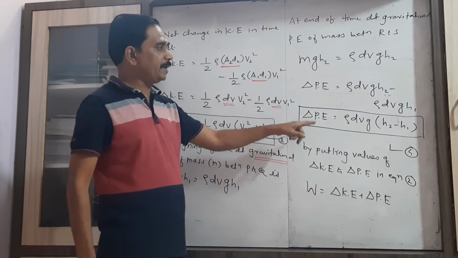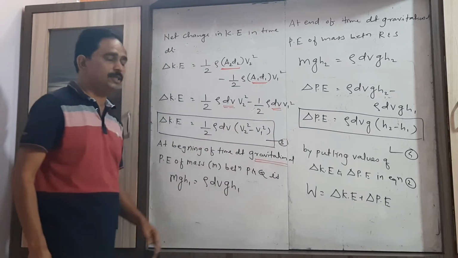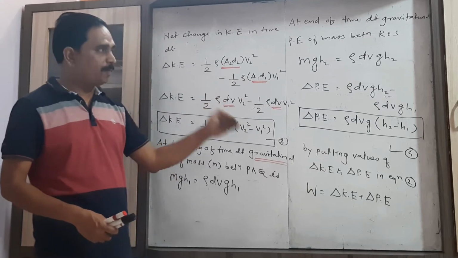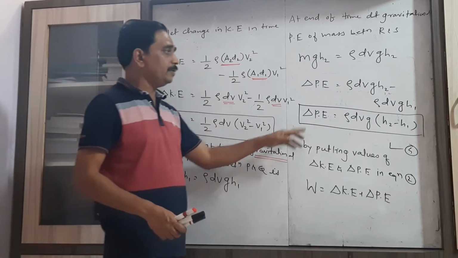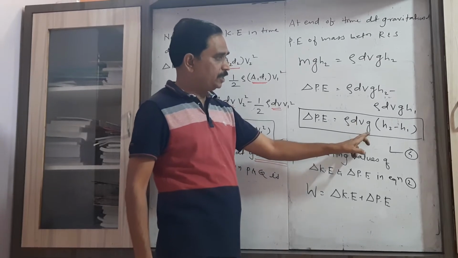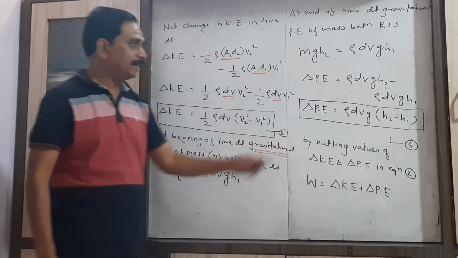So delta PE, the change in potential energy, equal to, again making rho dV and g common, rho dV g in bracket h2 minus h1.